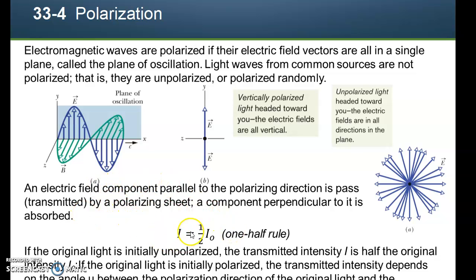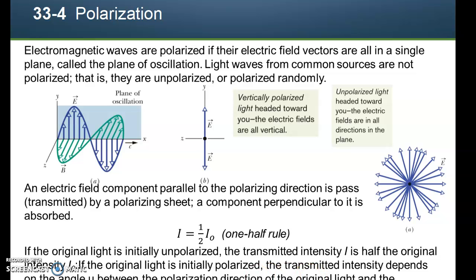So the intensity is 1/2 I0. If the original light is initially unpolarized, the transmitted intensity is half the original intensity. And if the original light is initially polarized, the transmitted intensity depends upon the angle between the polarization direction of the original light and the polarization of the sheet.